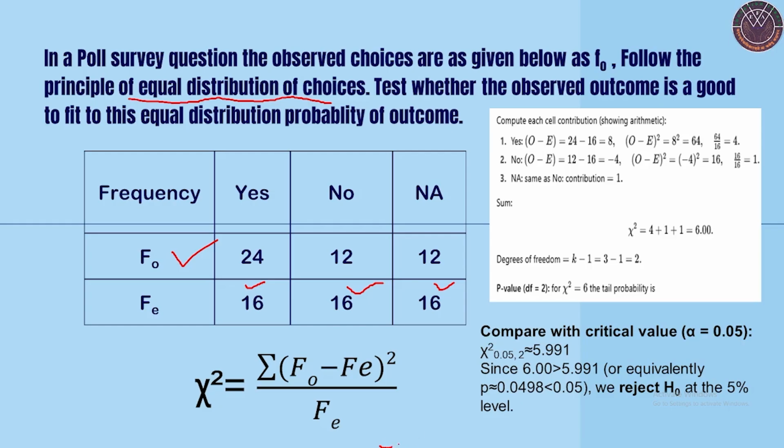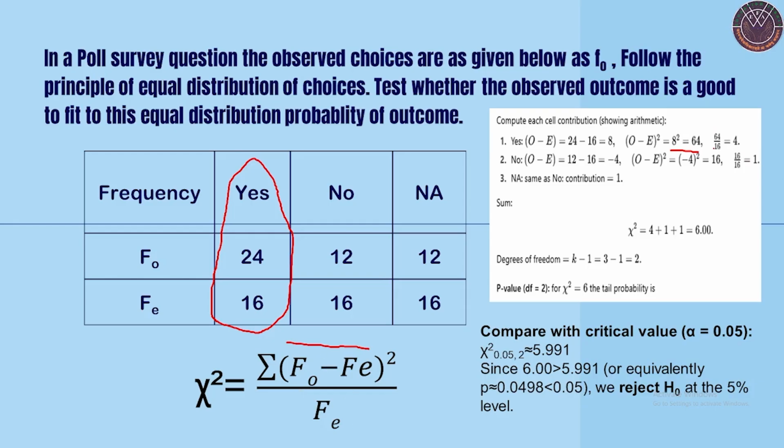So this is the formula for chi-square. You have got these values, and you do this calculation for FO minus FE. For the first column, the yes condition, FO minus FE is 8. You square it and it becomes 64, and then you divide it by FE, the expected, which is 16.